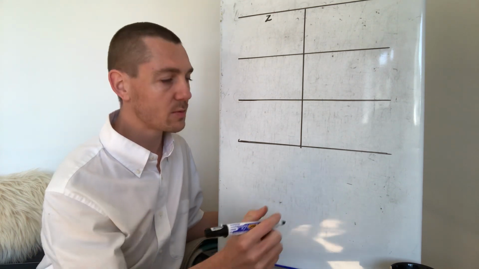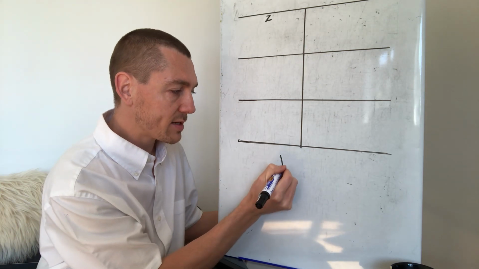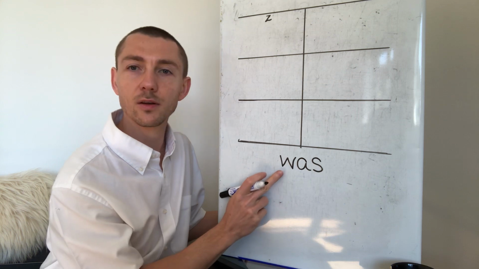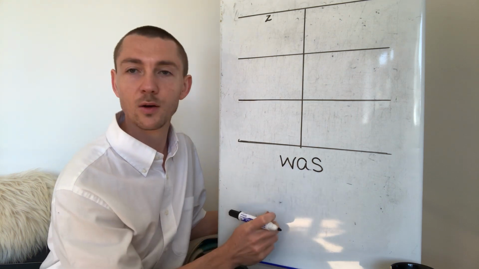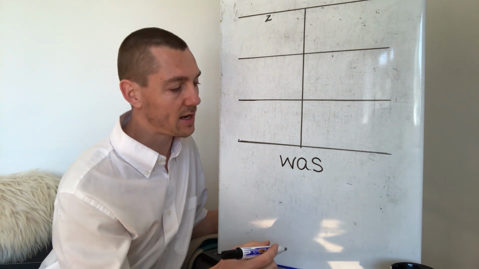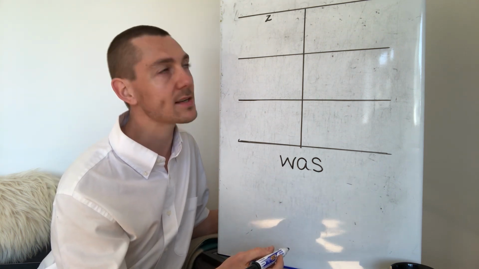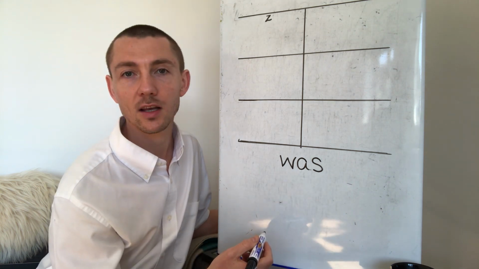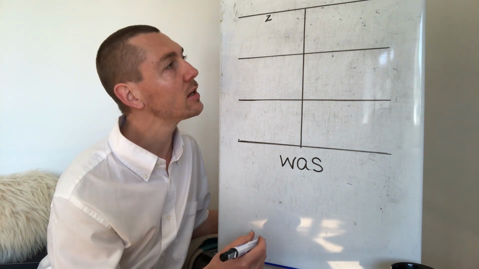Okay, so the first word that I'd like you to read, nice and easy to start us off, is 1, 2, 3, was. The word is was. So over to you, I want you to see if you can spot where the Z sound spelling is in was. And we're going to write it into a section.